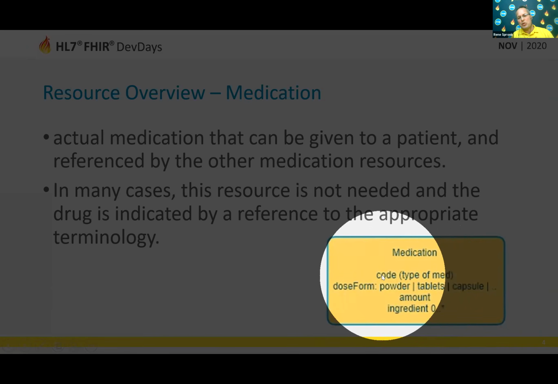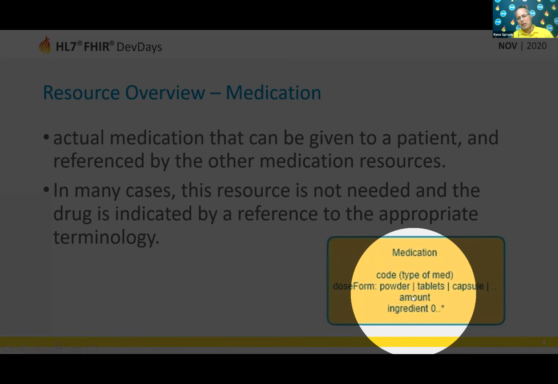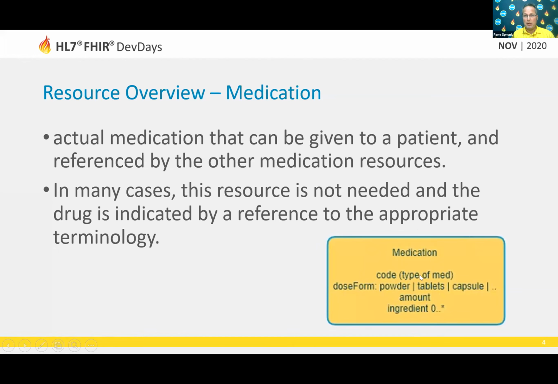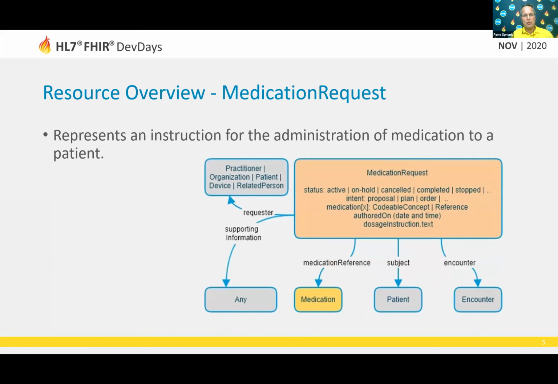And in this case, the code and dose form, amount, and ingredients, those are the core data elements, if you want, to describe the medication, whereby code plays the main role as the key identifier in most implementations of what this medication is. And mostly code is actually sufficient to fully identify the medication or the medicinal product.